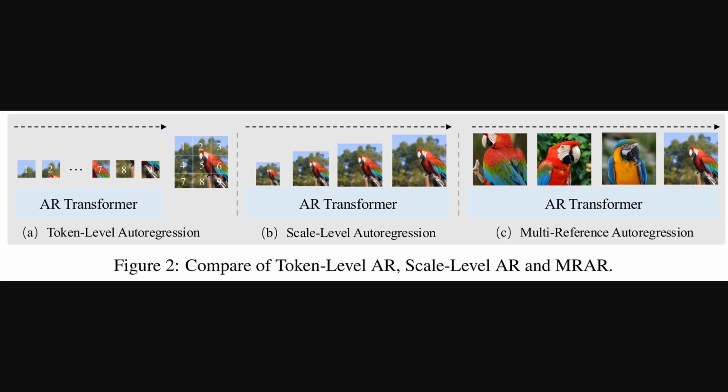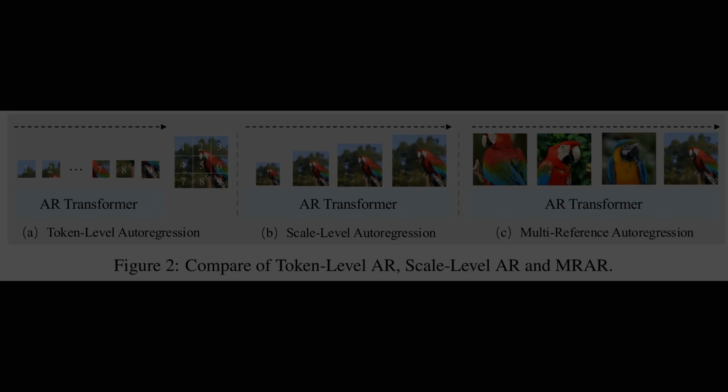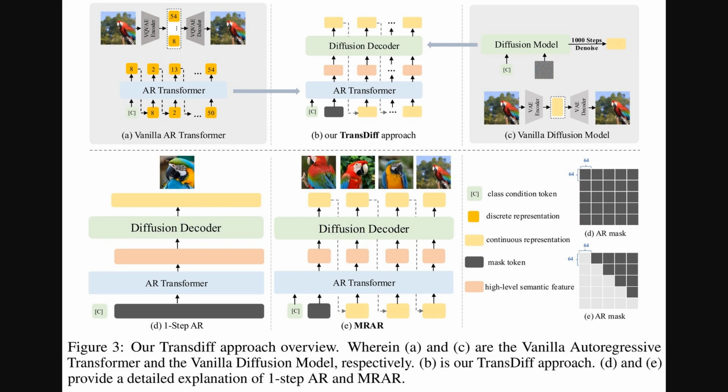It generates a new, complete image by referencing several other complete and diverse images. This approach of using multiple full references helps the model learn richer patterns, which is a key reason it achieves such high quality.